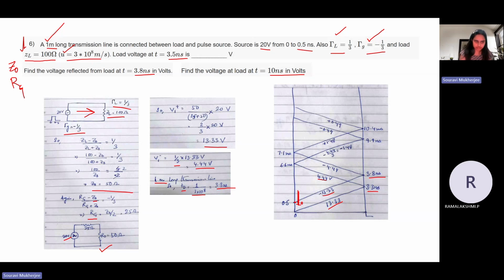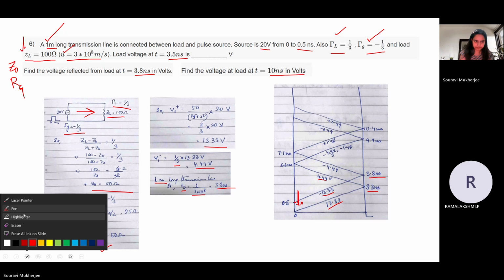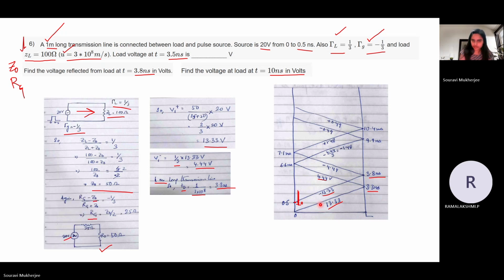Is it clear? Yes, ma'am. So minus 13.33 reaches here, and then you multiply by another 1/3 because tau L equals 1/3, right? So the one that is getting reflected is minus 4.44. Clear? That reaches the source again after another 3.3 nanoseconds.